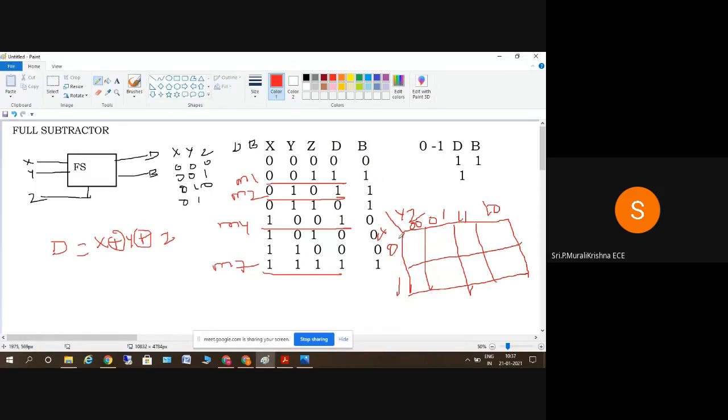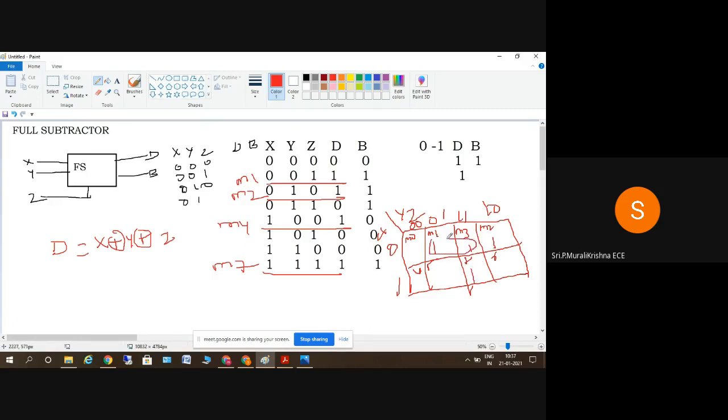M0, M1, M2, M3, 4, 5, 6, 7. The borrow is 1 for M1, M2, M3, and M7.